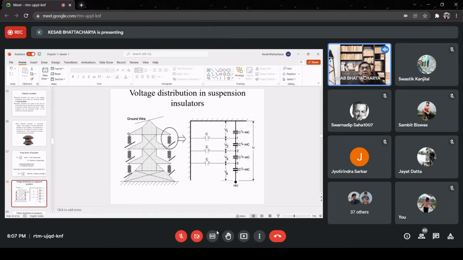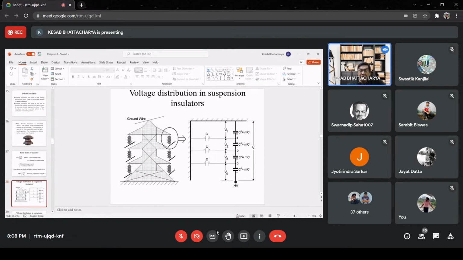Now, since these insulators are connected to the ground potential at the top and connected to live potential at the bottom, in between any two discs, there is a metallic pin through which the upper disc is connected to the lower disc that we have seen.